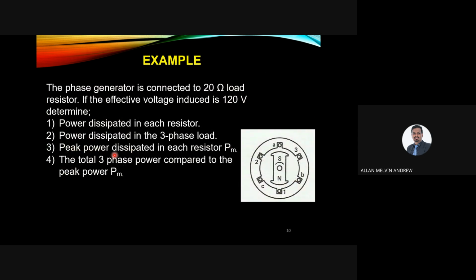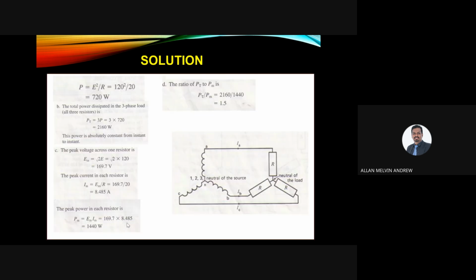Okay, so the third part: the peak power dissipated in each resistor, PM. The peak voltage across one resistor is EM equals square root of 2 times E. So square root of 2 times 120 is 169.7.